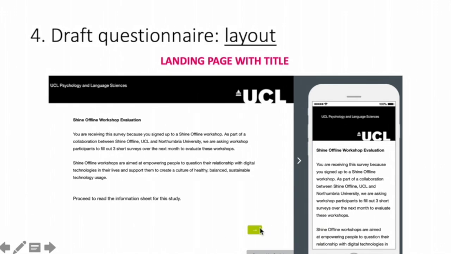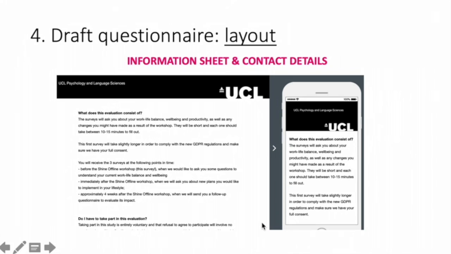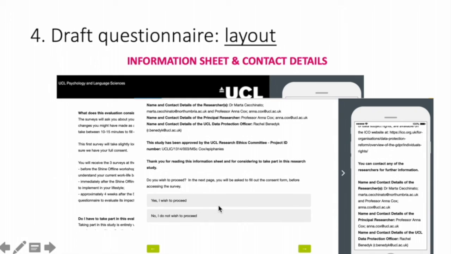When clicking on the next button here, you get taken to an information sheet and contact details. So in this page, I'm providing participants with details about what the evaluation is about, whether they have to take part or not, what are the advantages, and you can scroll down and see different questions as part of the information sheet.